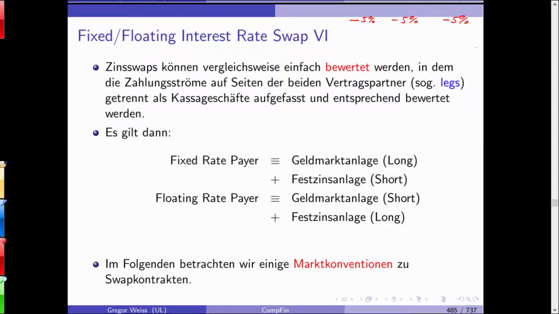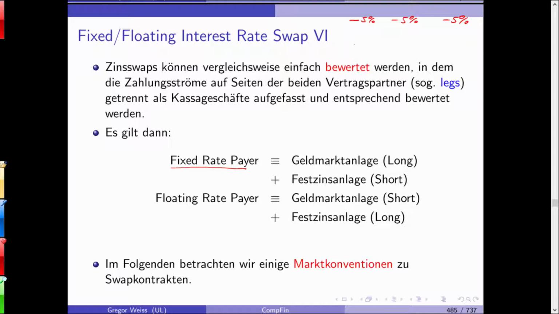How would you do this? Quite simply, if we are the fixed rate payer, this is a combination of a coupon bond and a zero bond. How does it work?